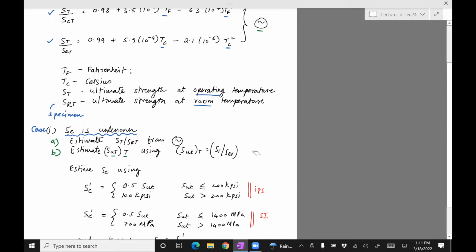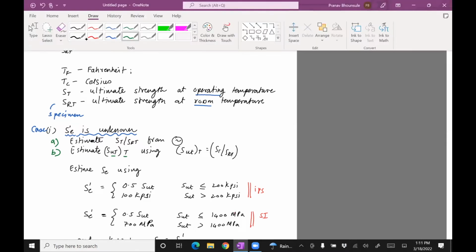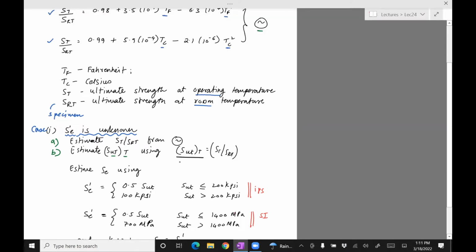So maybe a better way of writing this is as follows. SUT, okay, so this is known because you computed it. This should be RT. Okay, and using this ratio, now you're computing the ultimate strength.